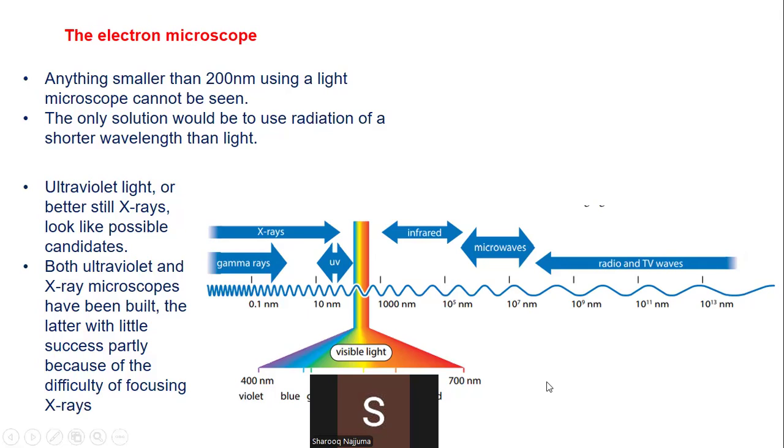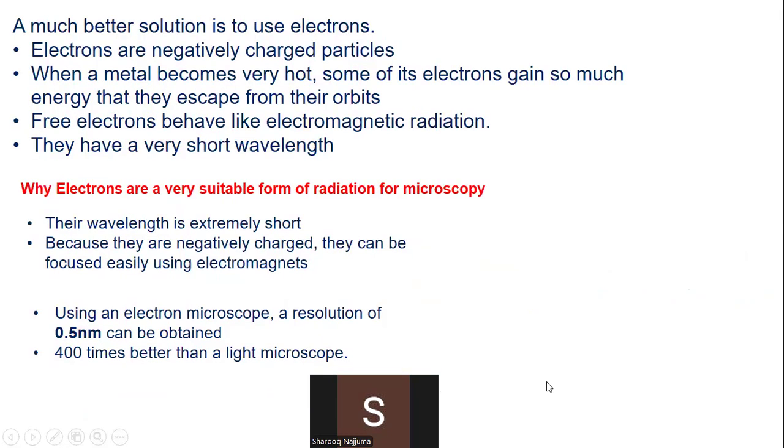So that is how they thought about using electrons. The much better solution was to use electrons. Why? Number one, electrons are negatively charged. We know that. And when a metal gets excited, electrons move to higher energy levels. They gain so much energy and they escape their orbits. And when they have escaped their orbits, they move like a radiation.